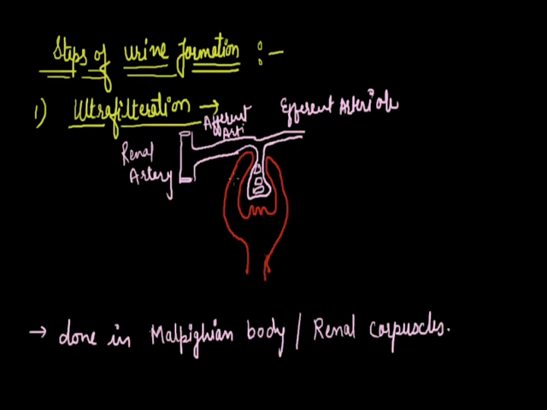Now blood is coming here in the glomerulus. As you can see, this one is a fine capillary network, so pressure is highly elevated here, and just because of the elevated pressure, this blood gets filtered and the filtered blood gets collected in the Bowman capsule. This is termed as glomerular filtrate.